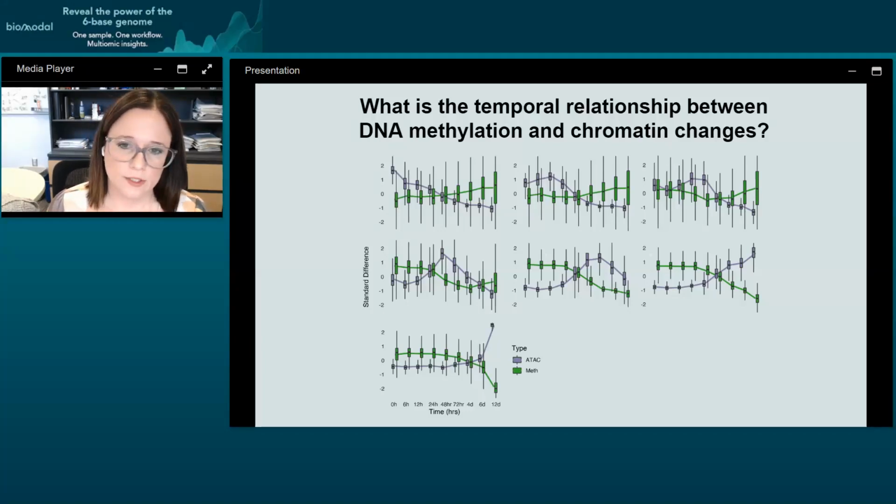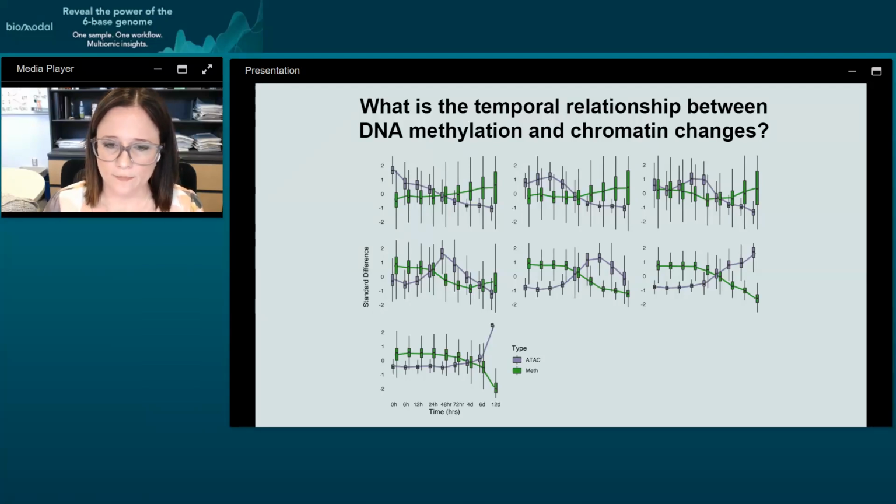Many of these regions are opening and closing, or going through some kind of transitional behavior. And obviously the goal was to determine what the temporal relationship is between DNA methylation and chromatin changes.